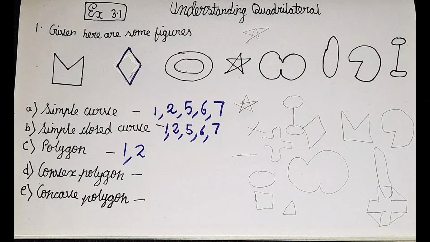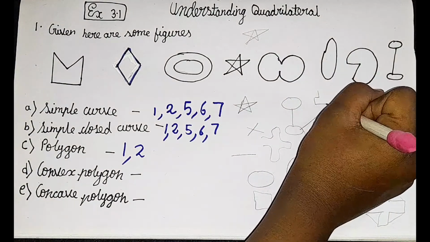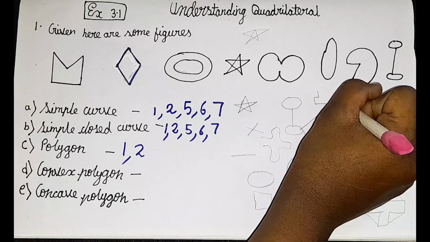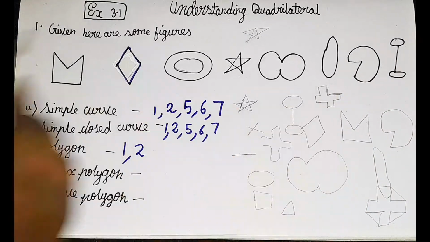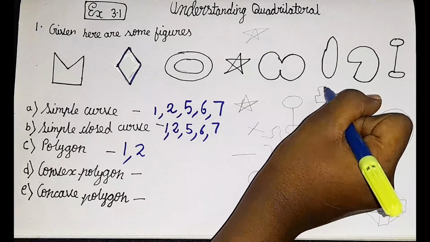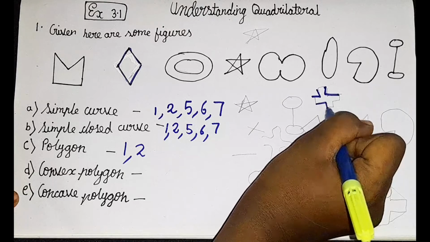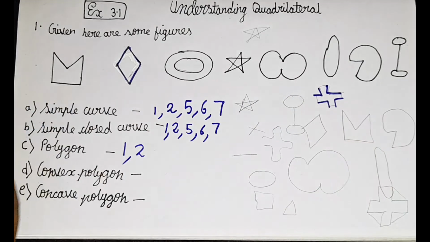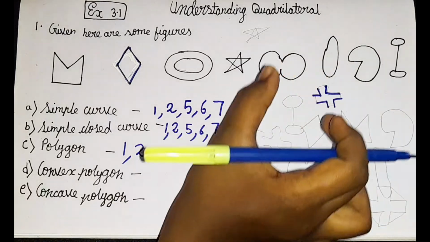So here you might get confused. People will get confused in this at test time. So let me draw this once more and explain it. In this you can see here it's going inside, right? Let me mark it. Here it's going inside, here it's going inside, here it's going inside, here it's going inside, which means it's a concave polygon, which is going inside.